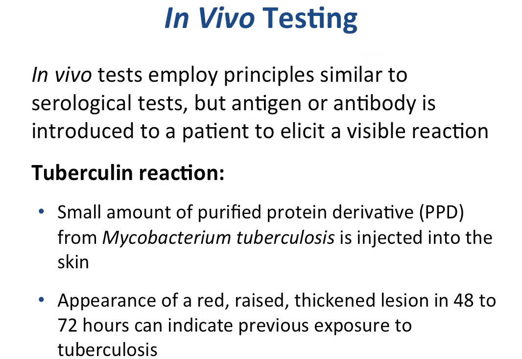In vivo test. In vivo test, so the good example is the tuberculin reaction. Tuberculin reaction actually is used to detect if a patient has been exposed to tuberculosis before. The people isolate purified protein derivative from the tuberculosis.